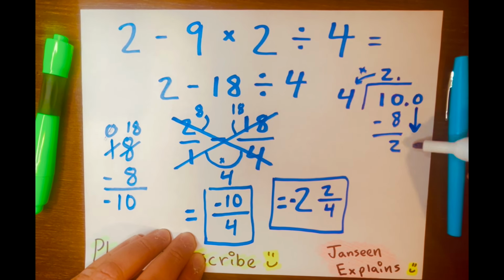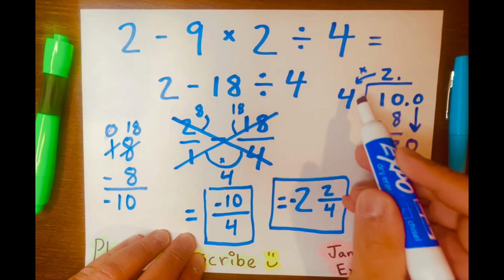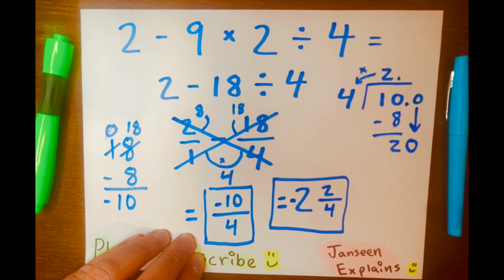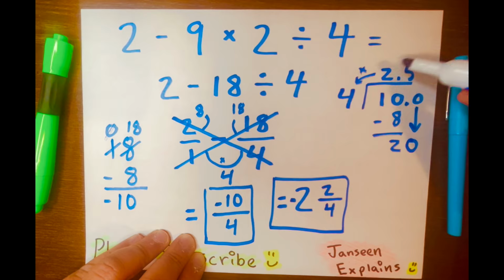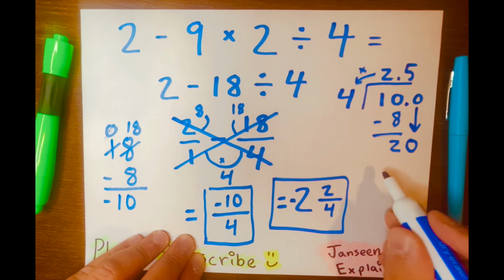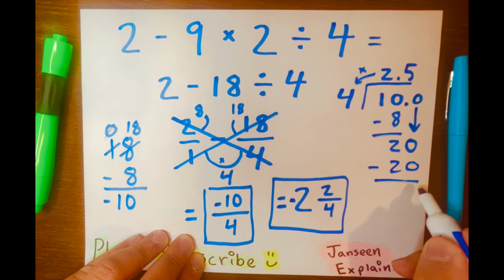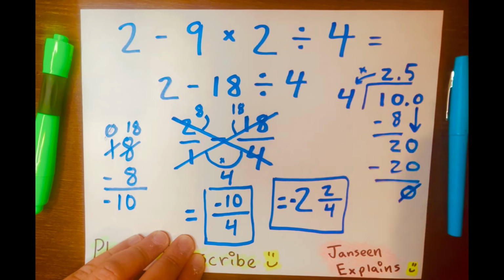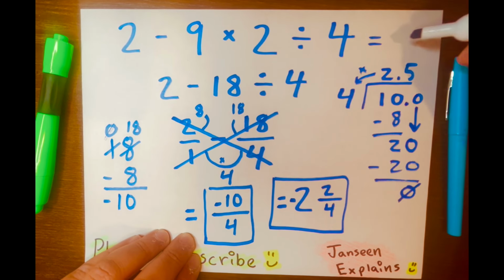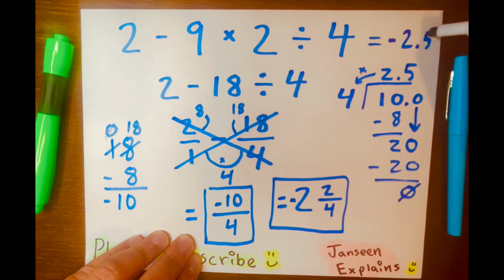Bring down the 0, give it to the 2. Now the 2 becomes 20. How many times can 4 fit into 20? 5 times, right? Yeah, 5 times. And then 5 times 4 is 20. And 20 minus 20 is 0. So your answer in a decimal form is negative 2.5. And there you go.